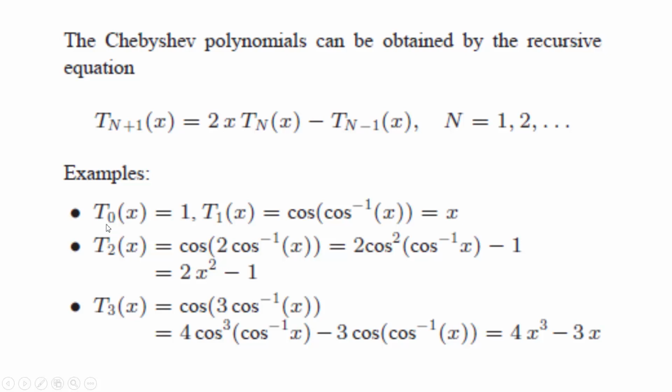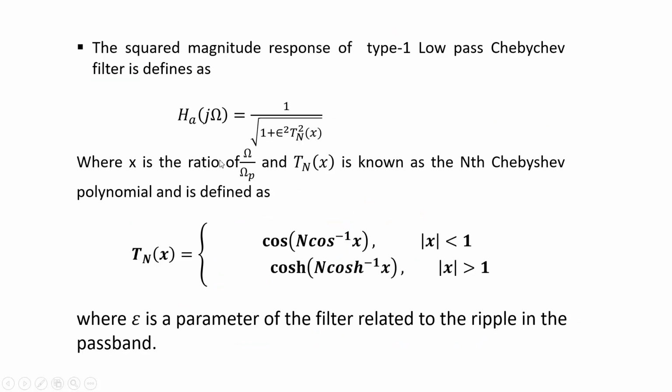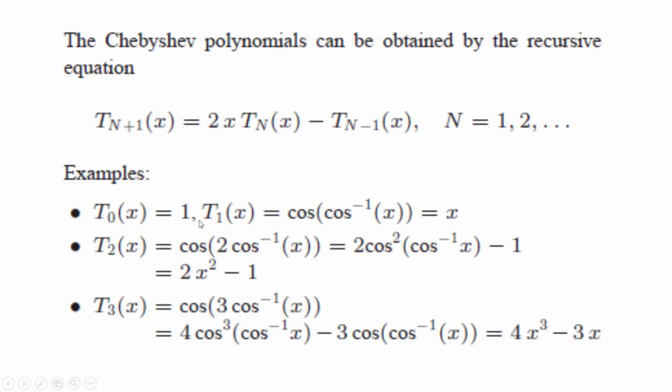The first example is T0(x), when n equal to 0. If you see the expression, it is cos of 0 times cos inverse x. So the expression inside the bracket becomes 0, cos 0 is 1, hence the value is 1 here.